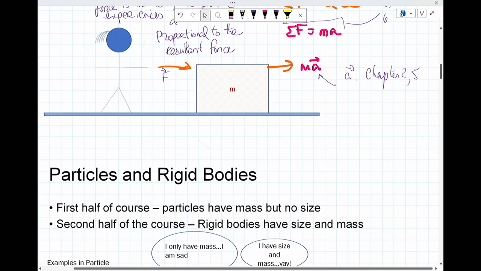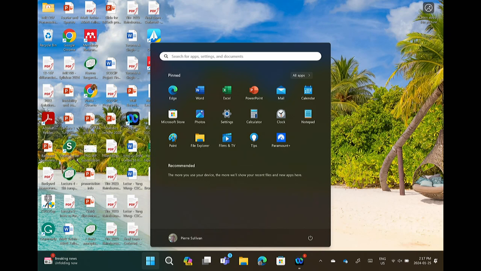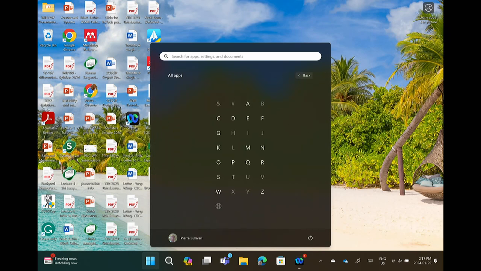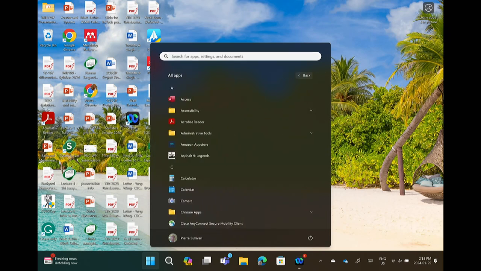And I'm missing one more thing. Okay. So I'm going to put, OneNote is not in a good mood today. There we go. Okay.